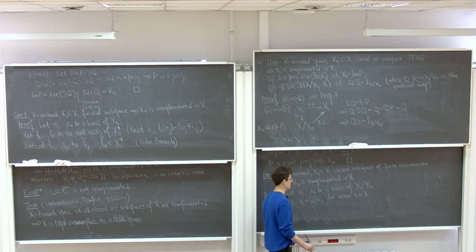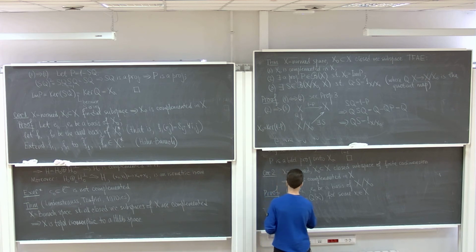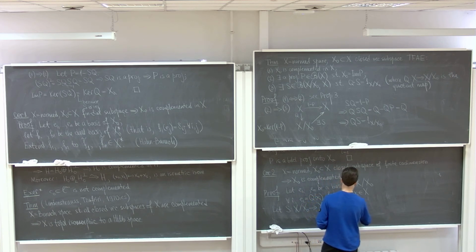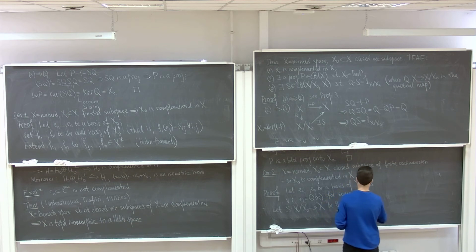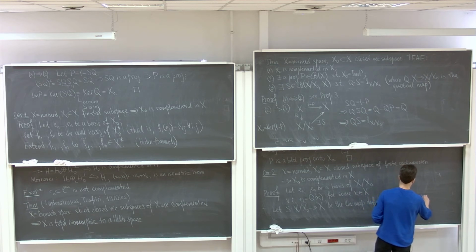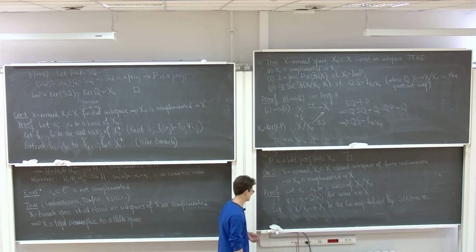And now we define S from the quotient to X. So let it be the linear map defined by the following rule. So we simply define S on the basis and extend it by linearity.